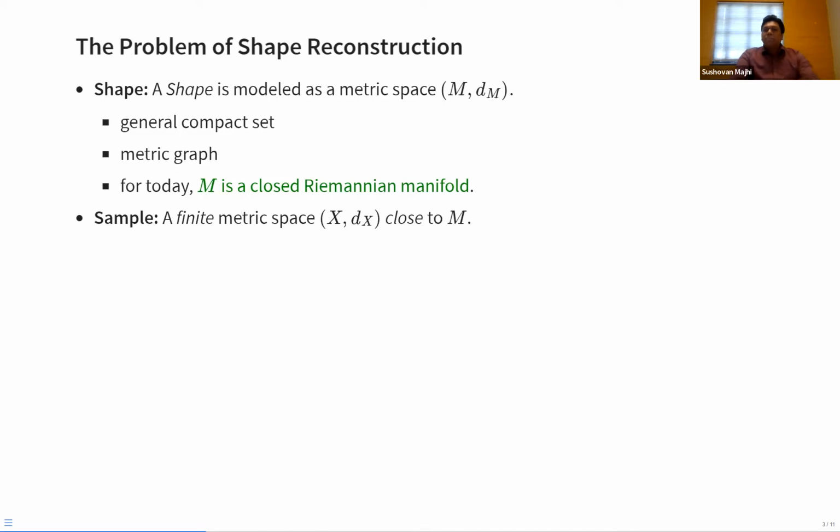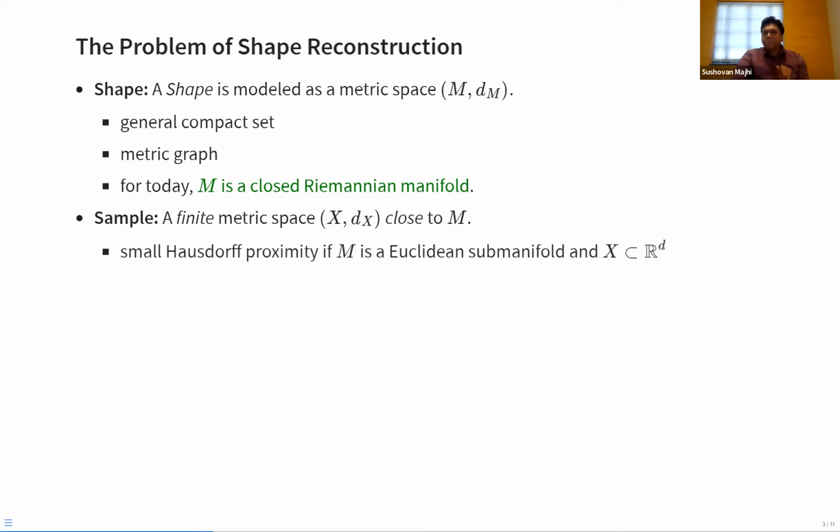Now, we're going to reconstruct M, pretending that M is hidden, but what we have is a finite sample, again a metric space, X, very close to M. We'll define what closeness can mean in different contexts, but one commonly used error model is Hausdorff proximity.